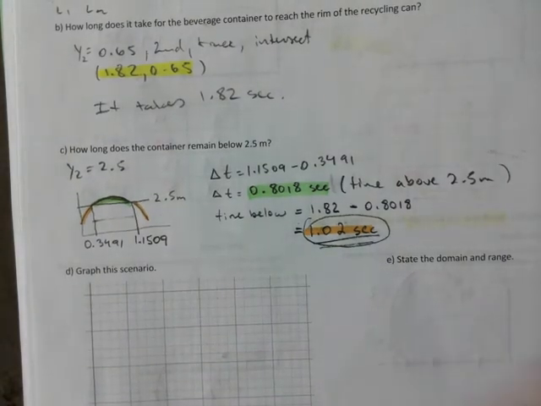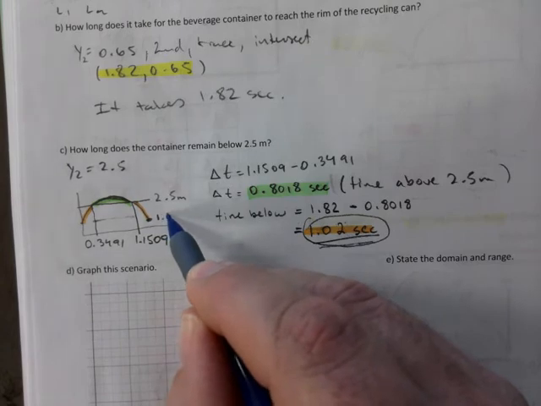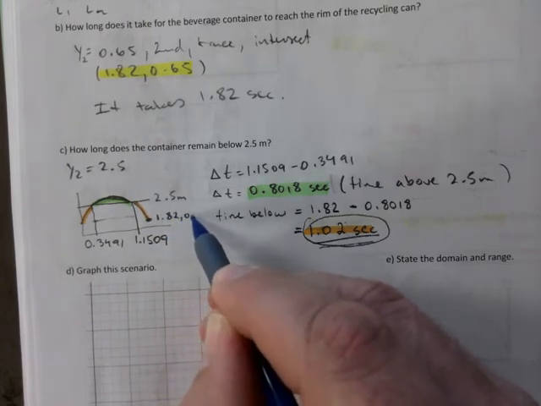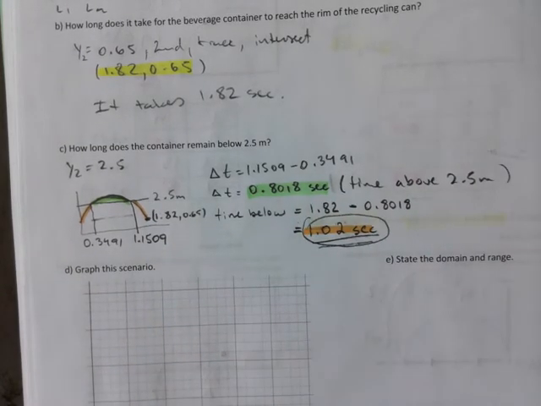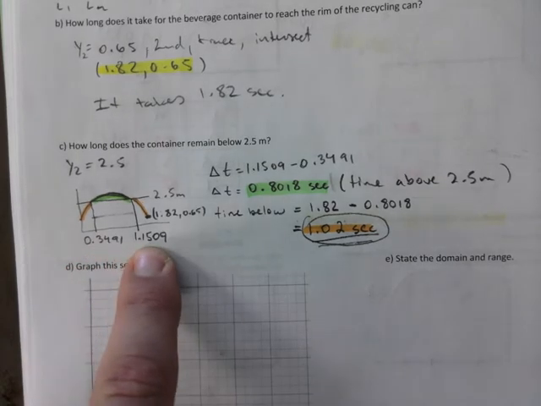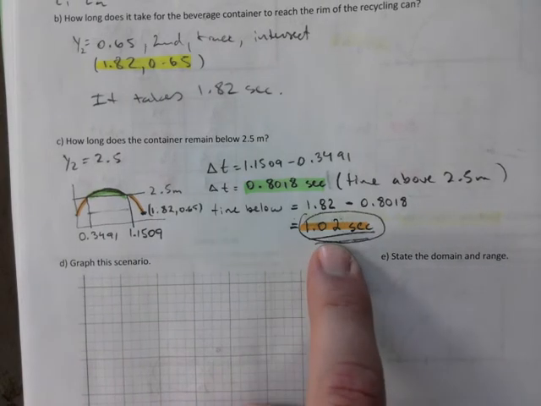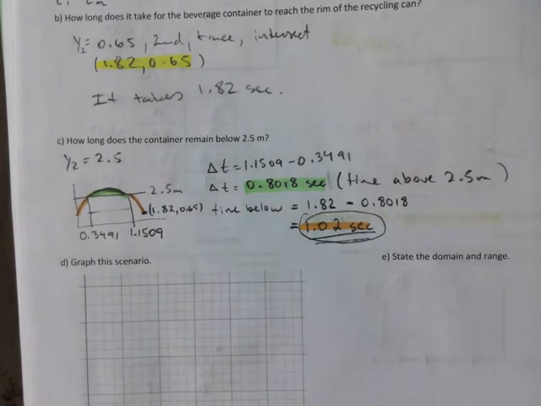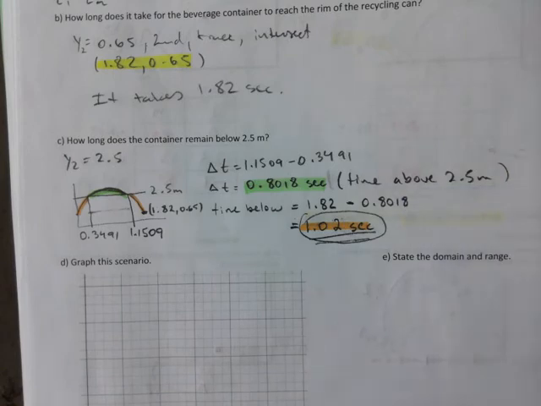And I'm assuming this is where this is 1.82, 0.65, right? That point right there. You don't have to have a diagram. You can just give me the coordinates that you found, just subtract them, and obviously this would be one extra step, having to figure out the time below instead of the time above. But both of them together add up to the total travel time, right?